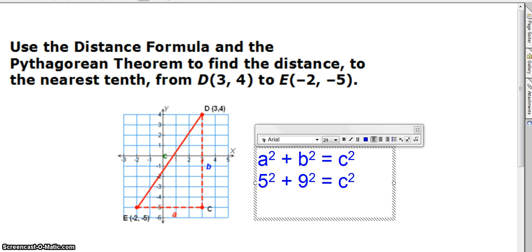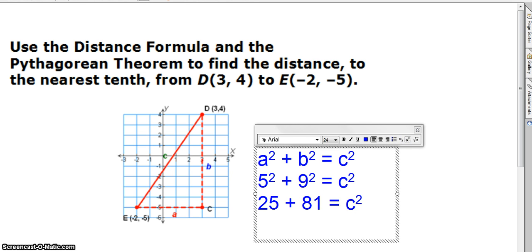So let's go ahead and figure this out. 5 squared is 25, plus 9 squared is 81, equals c squared. And so what is 25 plus 81? We have 100, and you got it, 106, equals our c squared.